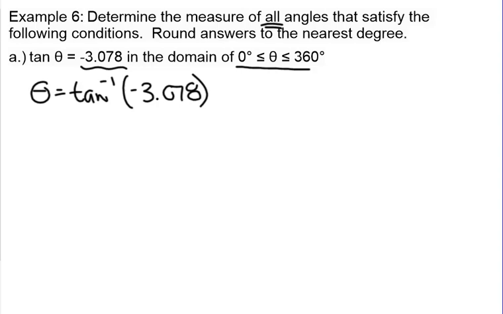We get negative 72 degrees, because we're going to the nearest degree.